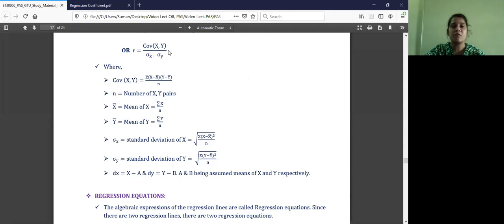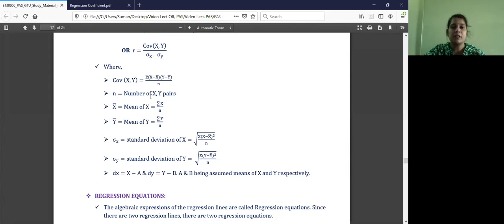The covariance of x comma y is equal to what? 1 upon n summation, in brackets, x minus x bar into y minus y bar, divided by sigma x into sigma y, where sigma x is the standard deviation of x and sigma y is the standard deviation of y, and covariance x comma y is equal to 1 upon n summation x minus x bar into y minus y bar.